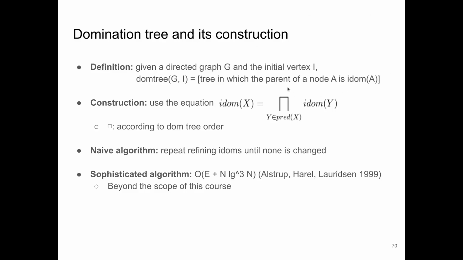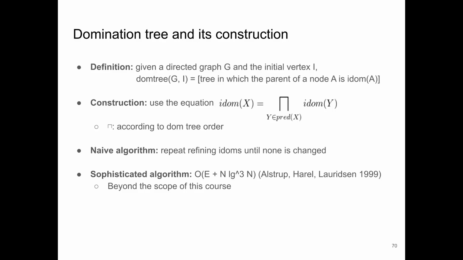So this relation represents the fact that the order relating to this least element is the domination tree's parent-child relation order. The parent is less than or equal to the children in this order. So you're going to use this equation to construct the idom array, or the domination tree.